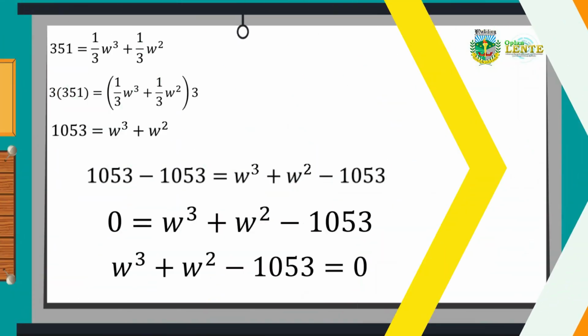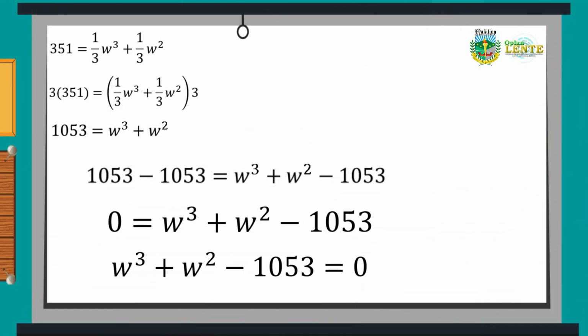To transform our equation into standard form, let us use the subtraction property of equality. Let us subtract 1053 from both sides. And the result will be 0 is equal to W cubed plus 4W squared minus 1053.